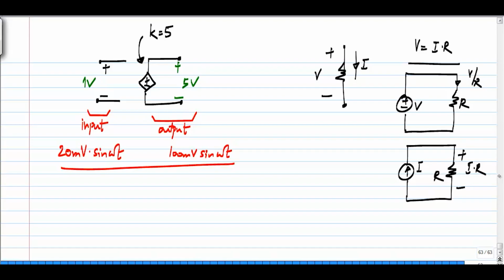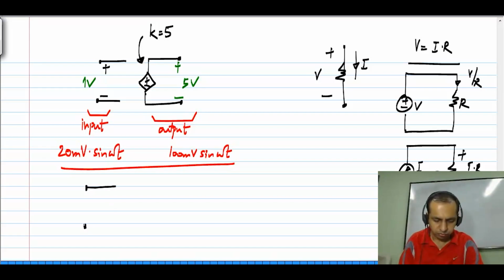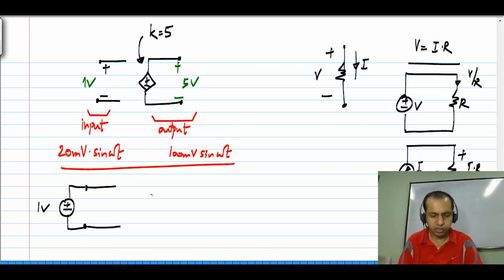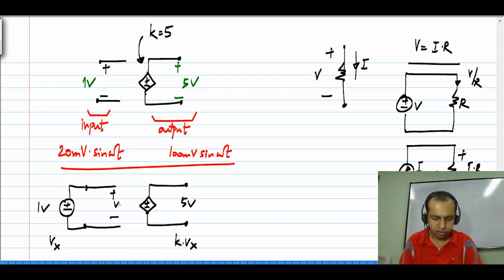So both ways are possible, but for a controlled source, that's not the case. You can apply 1 volt on this side and get 5 volts on that side. So in general, you apply Vx on this side and get k times Vx on the other side.